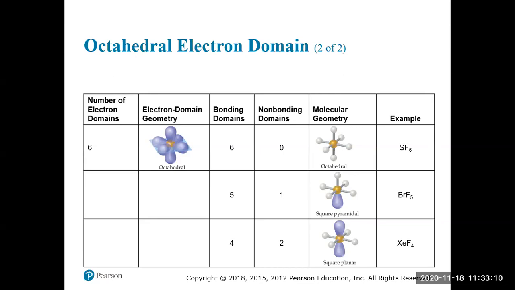They're always going to be across from each other, not next to each other. And once again, you could have any of these being across from each other, it'd be the same thing because they're all equivalent. So that results in a square planar shape. Those 4 remaining bonded atoms would be on the same plane as our central atom.